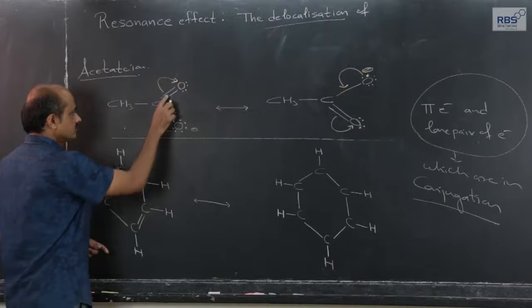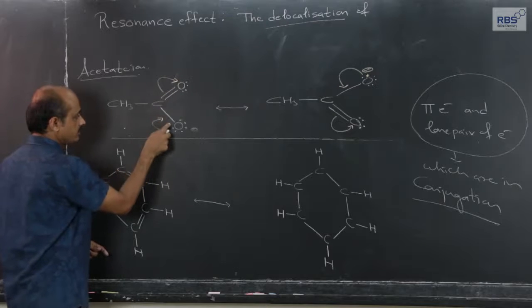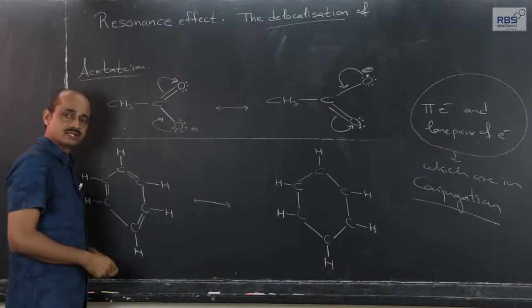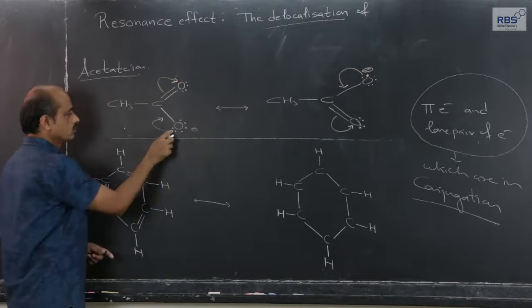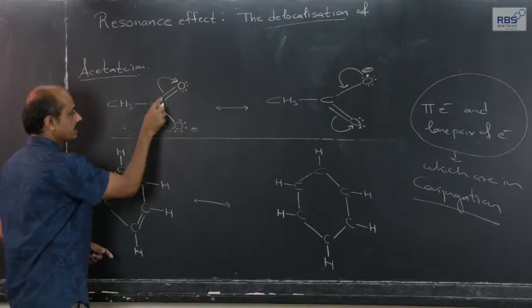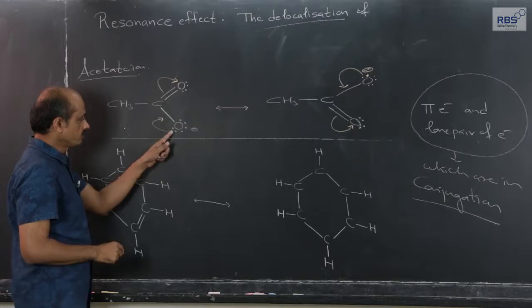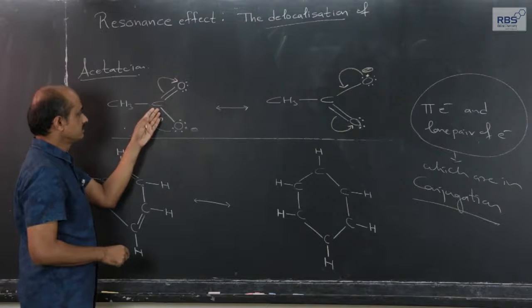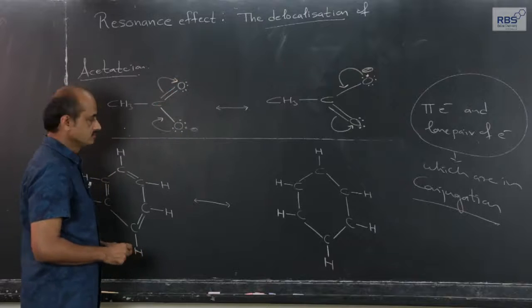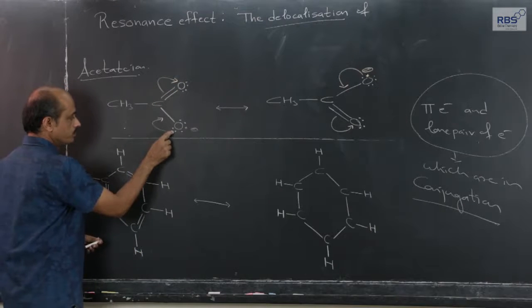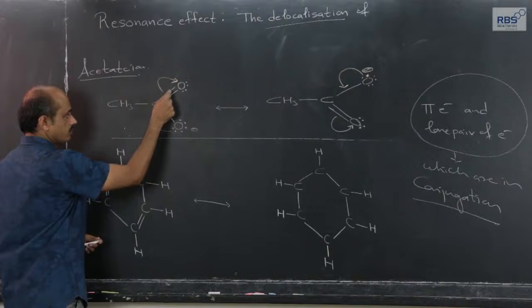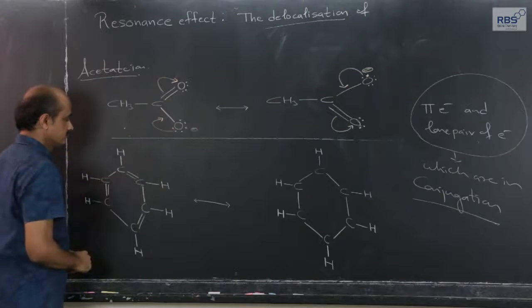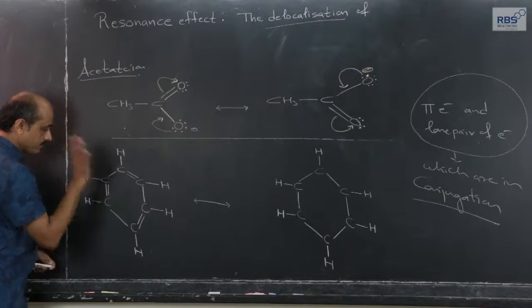Similarly, pi bond, sigma bond, lone pair is again conjugation, or lone pair, sigma, pi: a lone pair on one atom, the sigma bond of that atom, and a pi bond on the adjacent atom, means lone pair sigma pi or pi sigma lone pair or pi sigma pi.